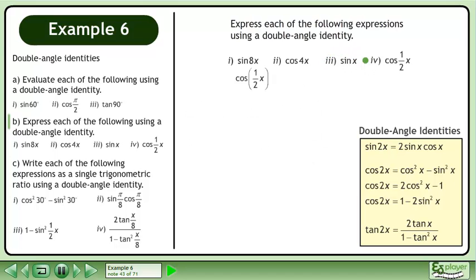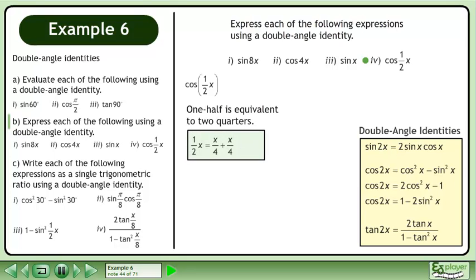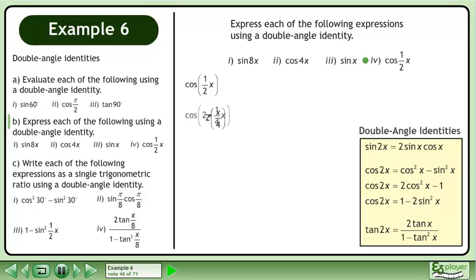In question 4, expand cos 1/2 x. One half is equivalent to 2 quarters. The result is 2 times 1/4 x. Replace 1/2 x with 2 times 1/4 x.